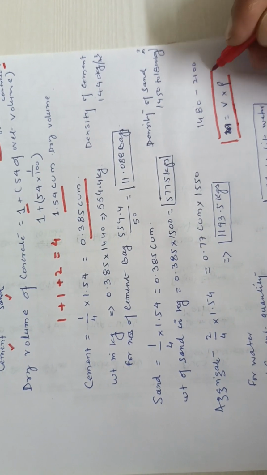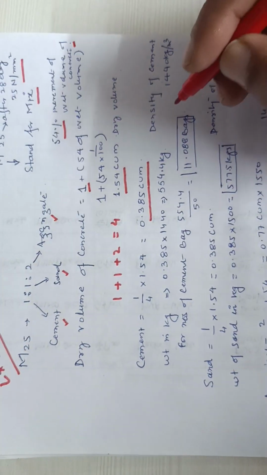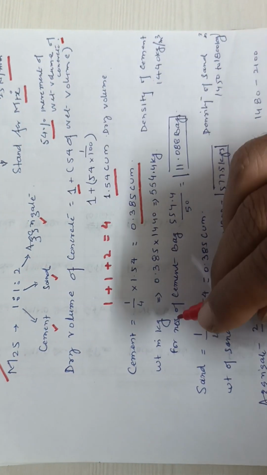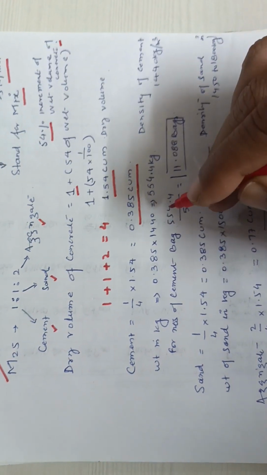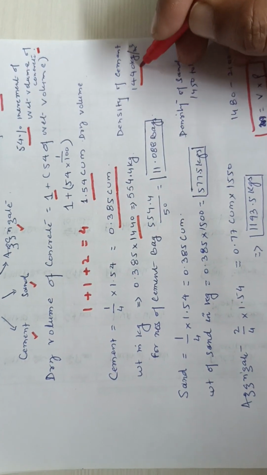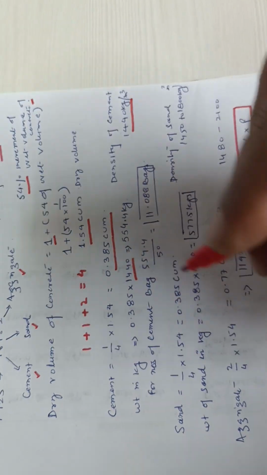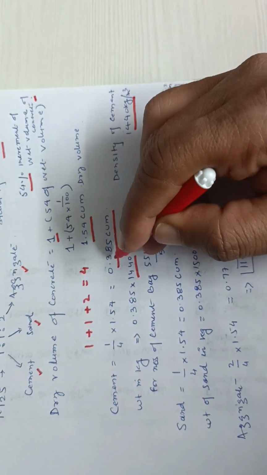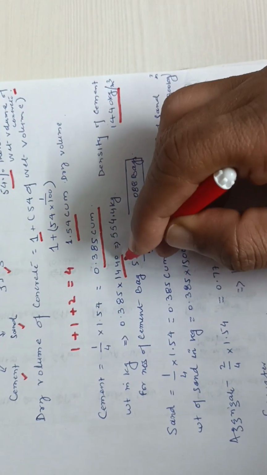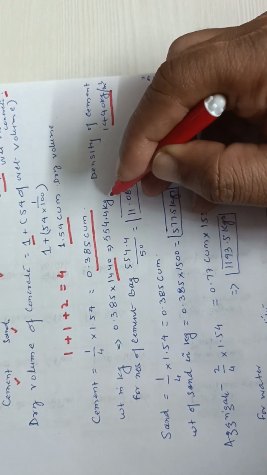As I said in the previous video, the density of cement is 1450 kg per cubic meter. So you have got 0.385 cubic meter, and 0.385 into 1440 equals 554.4 kg.